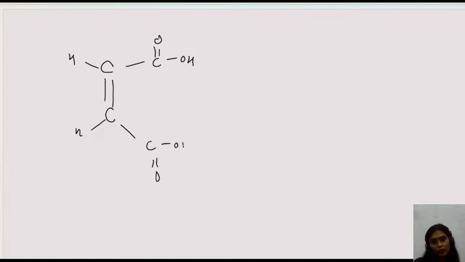If I'm considering the maleic one, this is a common carbon-carbon double bond, and in this case COOH is there. Similarly, cis we are discussing, right? So this is hydrogen and this is hydrogen, and again this is a carbon double bond O. If it donates one H positive ion, we end up with one negative charge generated.